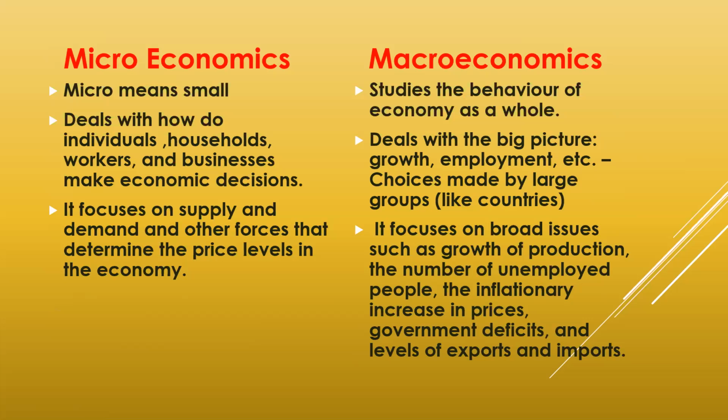So when we talk about macroeconomics, it studies the behavior of the economy as a whole. It studies national aggregates, like aggregate demand and aggregate supply. It studies national economic problems like inflation, unemployment, poverty, and issues connected with economic growth and economic development.